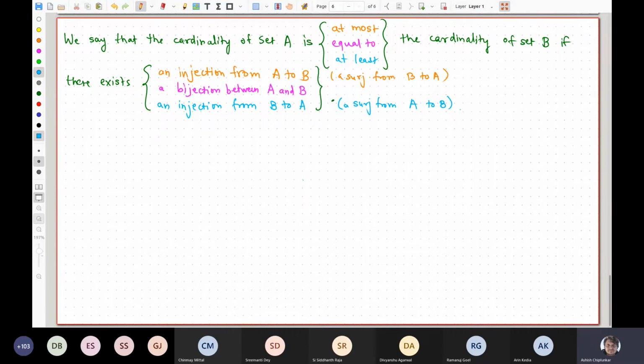If A and B are non-empty sets, then there is a surjection from one set to the other set if and only if there exists an injection from the other set to the first set. Okay, is this fine?